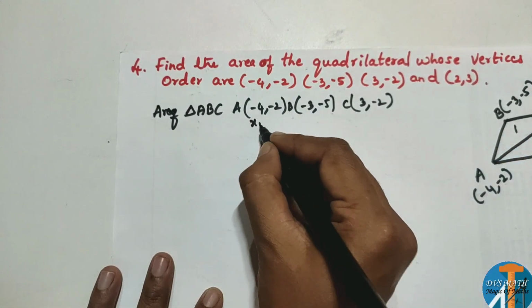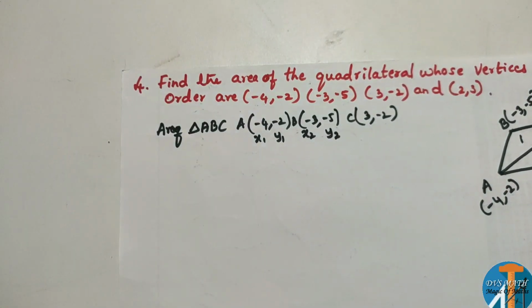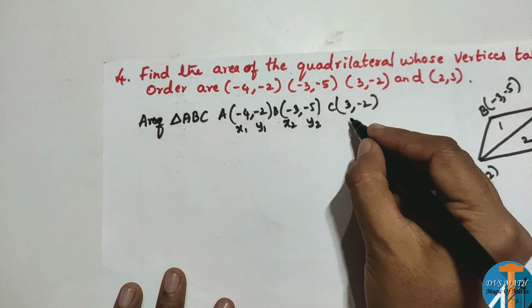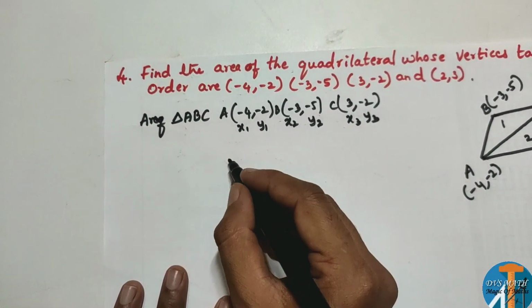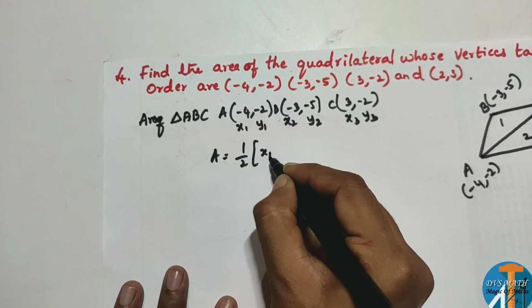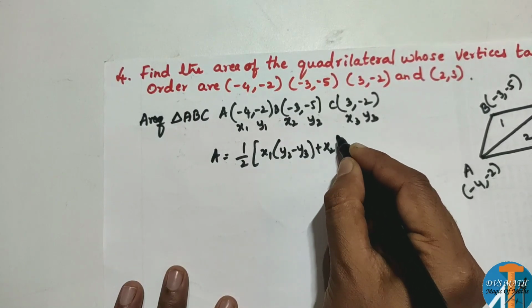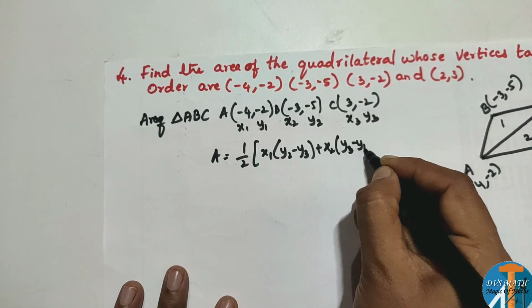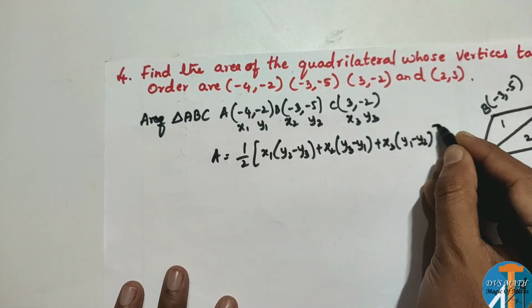Now let us write x1 y1, x2 y2, x3 y3. Now let us write the formula, that is area is equal to half x1 times y2 minus y3, plus x2 times y3 minus y1, plus x3 times y1 minus y2.